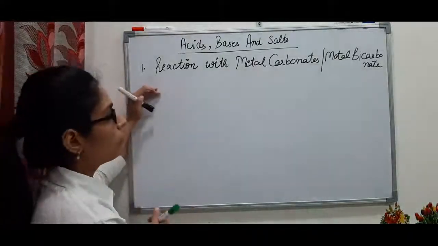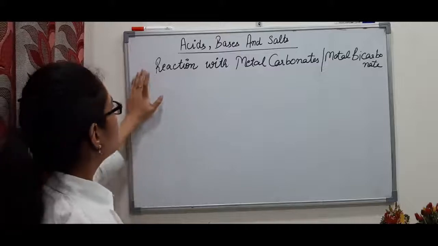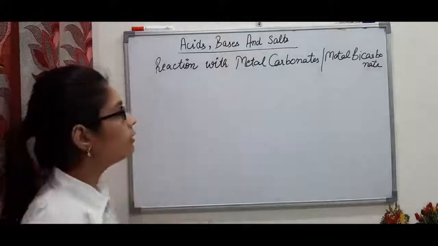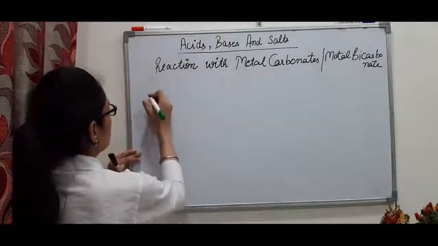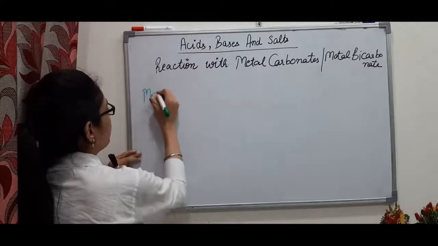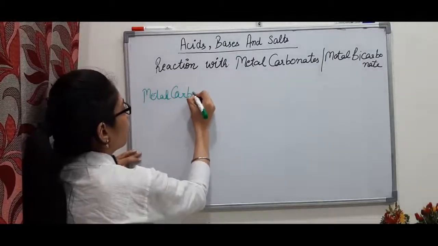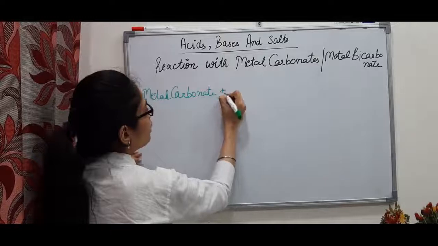So now let's get back to the point. We are doing reaction with metal carbonates. Let's write the general form of the chemical equation. Metal carbonate plus acid.